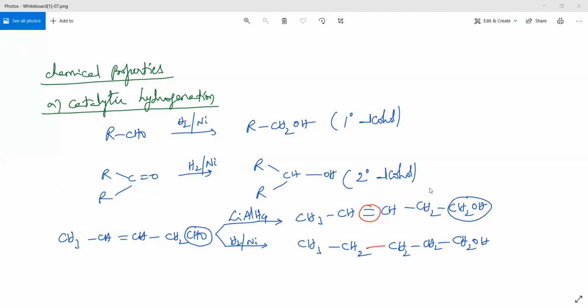Ketones will give you secondary alcohols. But with lithium aluminum hydride, if a C=C double bond is also present, the double bond is not affected by lithium aluminum hydride. But catalytic hydrogenation will affect the double bond also, so that double bond is also reduced.